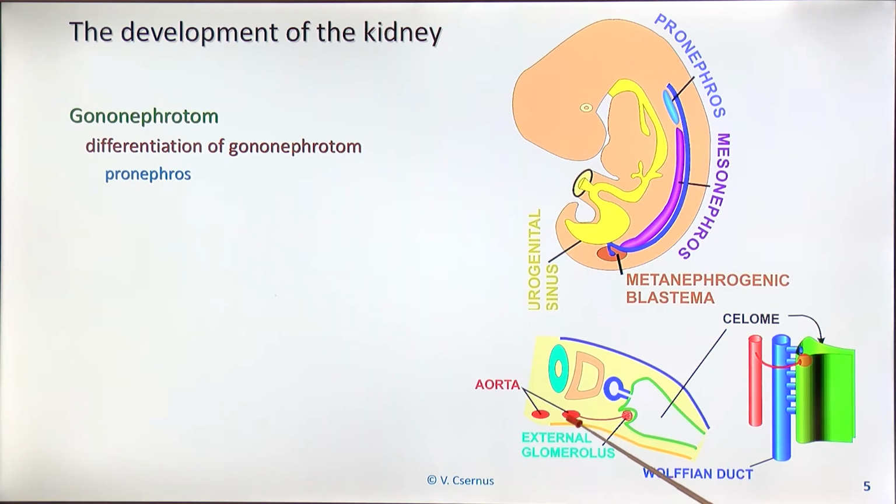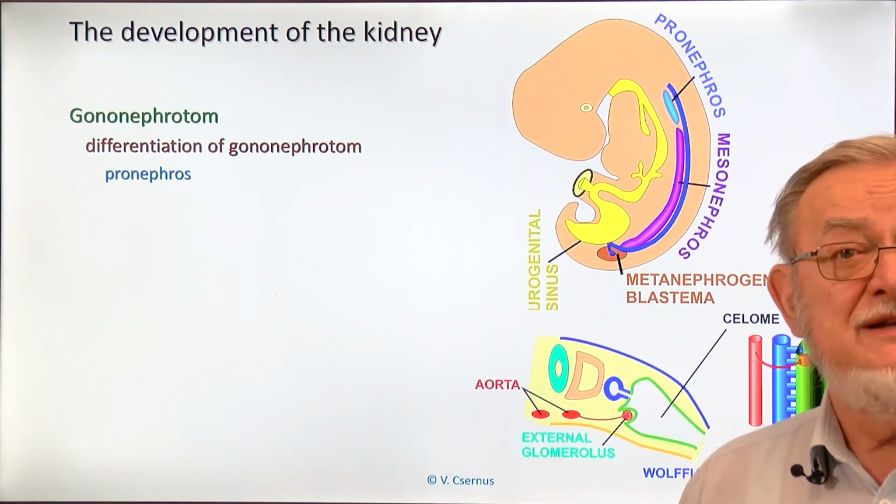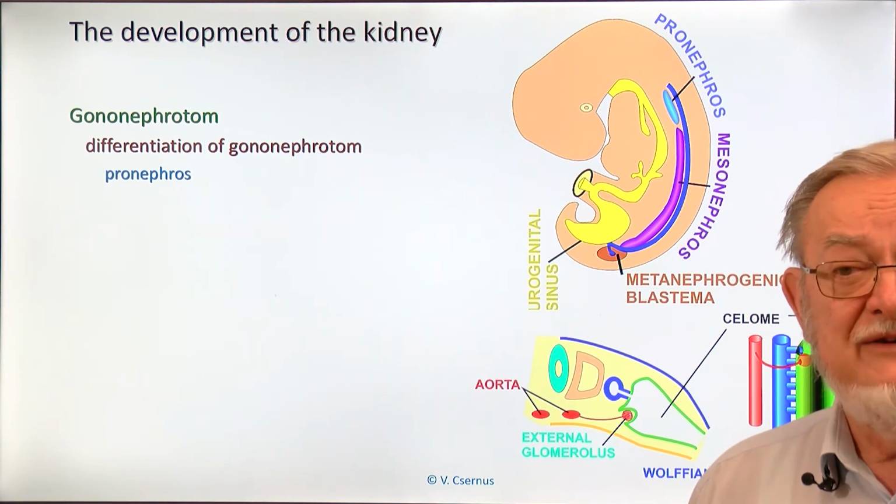At that level, the aorta makes glomerular tufts, and it goes into the lateral mesoderm, and it will filtrate, I would say, urine into the coelom. And at that level of the pronephros, the Wolffian duct makes tubes which pick up the urine from the coelom and collect it away. This is the permanent kidney of the amphibians, like the frog.